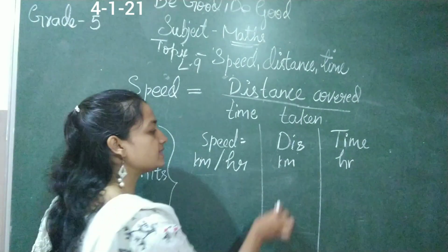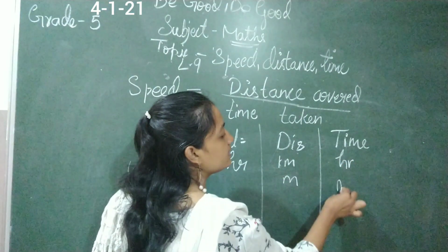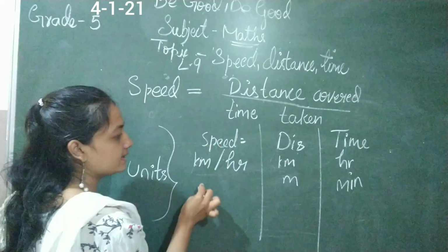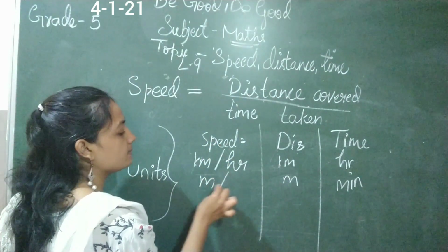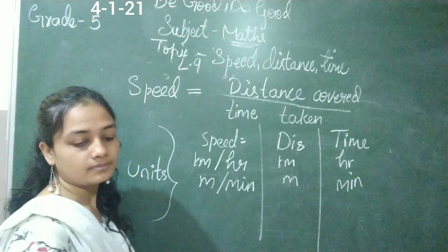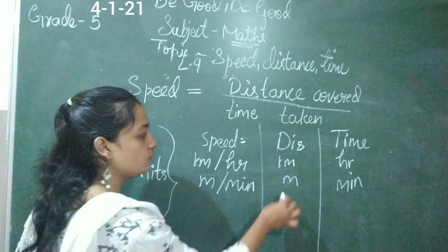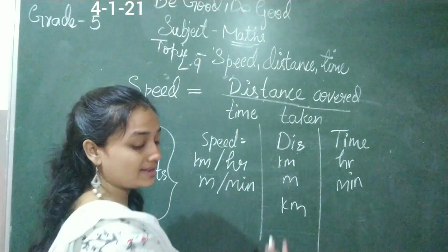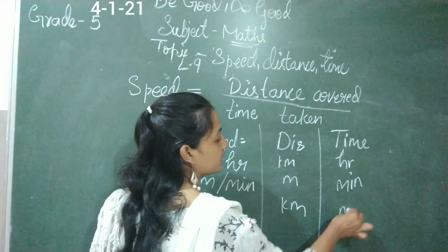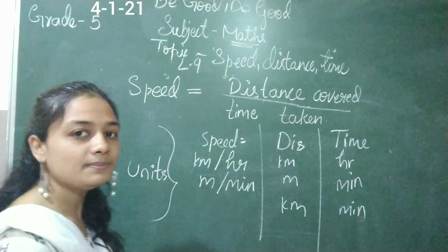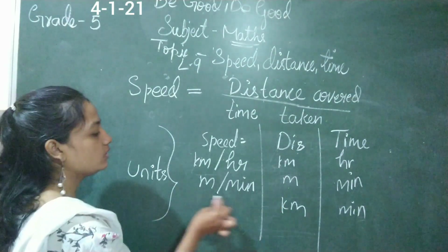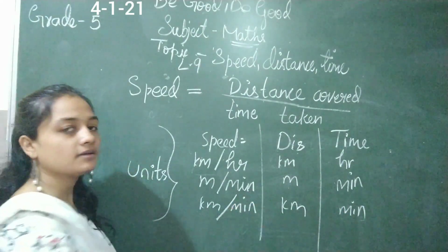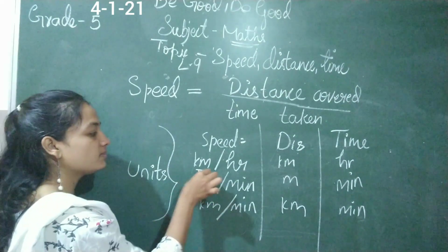Similarly, when I take the distance in meters and time in minutes, the unit of speed is meters per minute. And if you measure the distance in kilometers and time in minutes, what will be my speed? It is kilometer per minute.